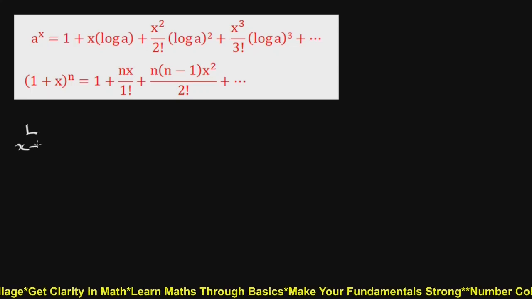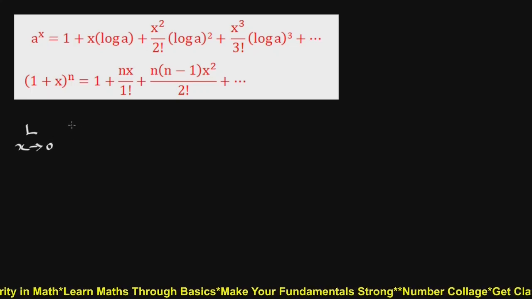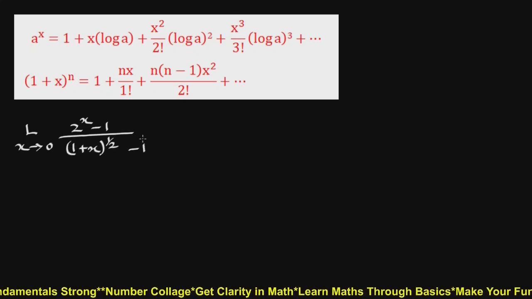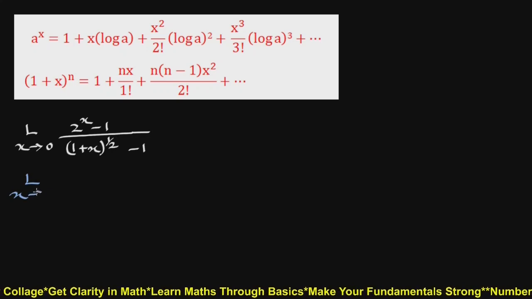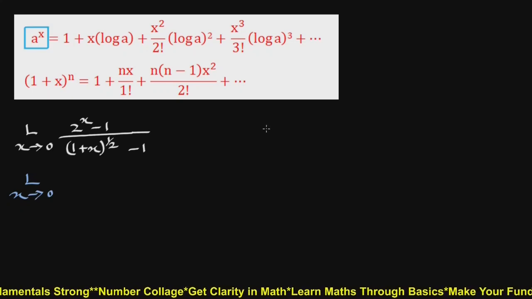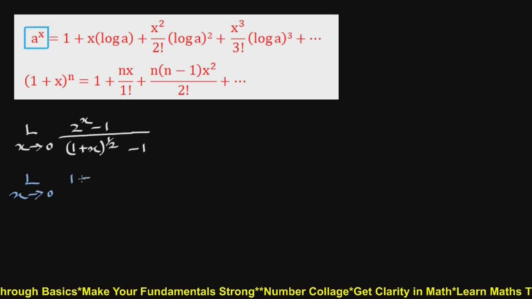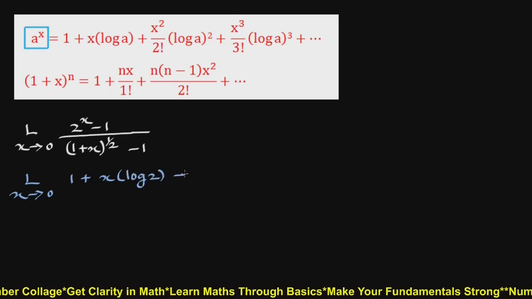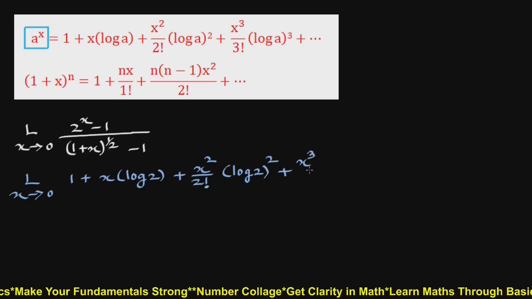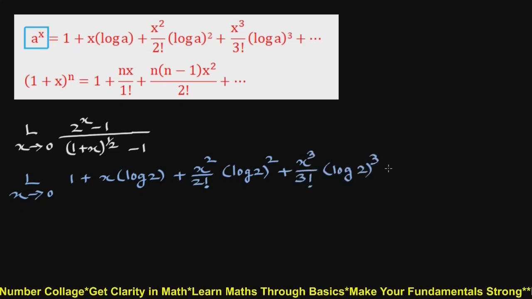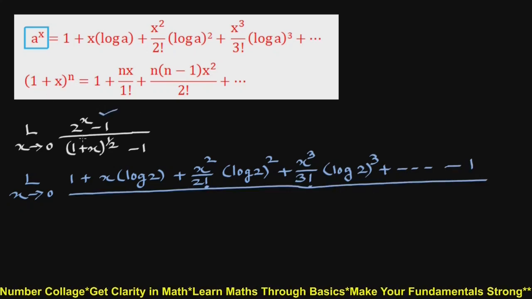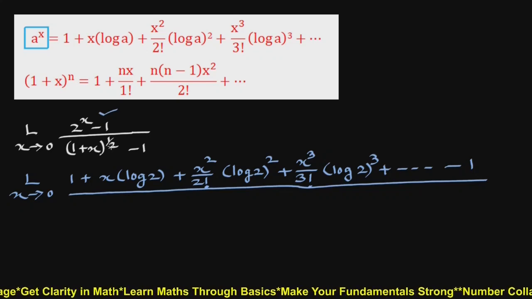Evaluate limit as x tends to 0 of (2 raised to x minus 1) upon ((1 plus x) raised to half minus 1). We will write expansion of 2 raised to x from the expansion of a raised to x. That will be 1 plus x log 2 plus x square upon 2 factorial log 2 square plus x cube upon 3 factorial log 2 cube plus so on and so forth, minus 1, upon expansion of 1 plus x to the power 1 upon 2.